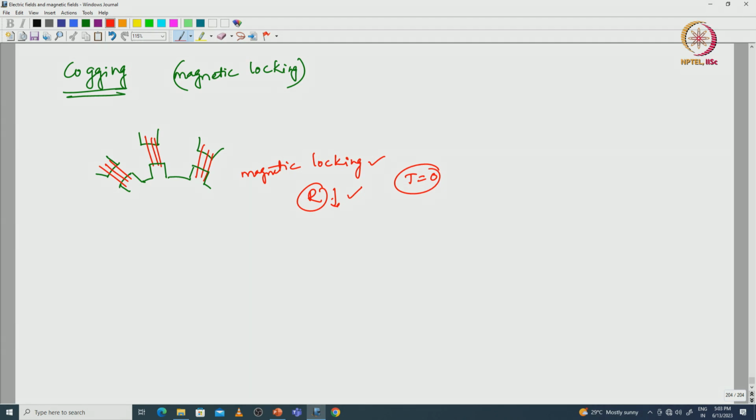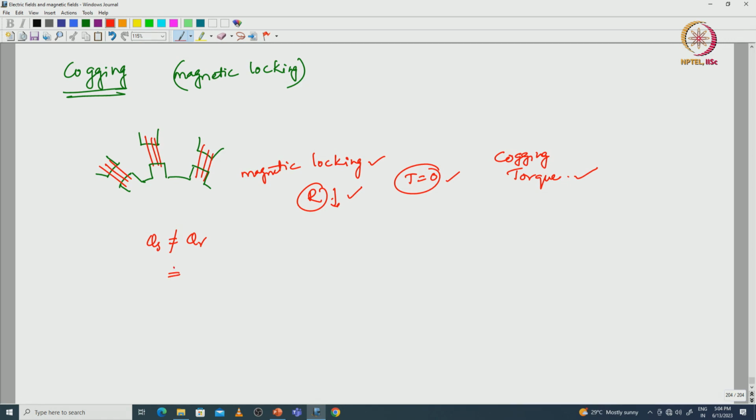If it is exactly aligned, then torque should be 0, otherwise some unwanted cogging torques will come into the picture. Because of these cogging torques, there may be higher losses as well as vibrations and noise, and efficiency may come down. To avoid this, the number of slots at the stator side and the number of slots at the rotor side should not be the same.